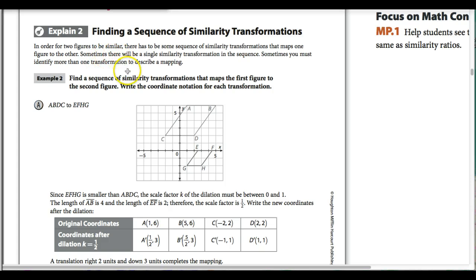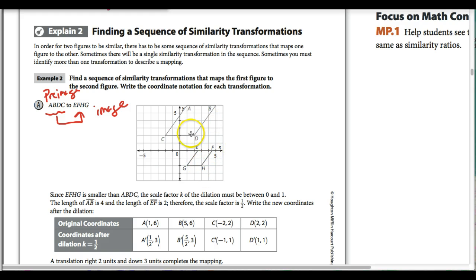So, you know, there has to be more than one. So, for example, ABDC to EFHE. So you already know that this is the pre-image, okay? Because it says this to that, and you know that this is the image, right? So this big shape is gonna map onto the small one.